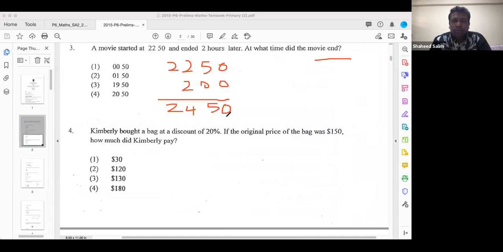Maximum is 2400. So this means this is 0050. Do you get it? So this is 12:50 a.m., because the movie started at 10:50 and ended 2 hours later. So the end time must be after that. Don't think that this one is earlier than this. It's actually later, 2 hours later.